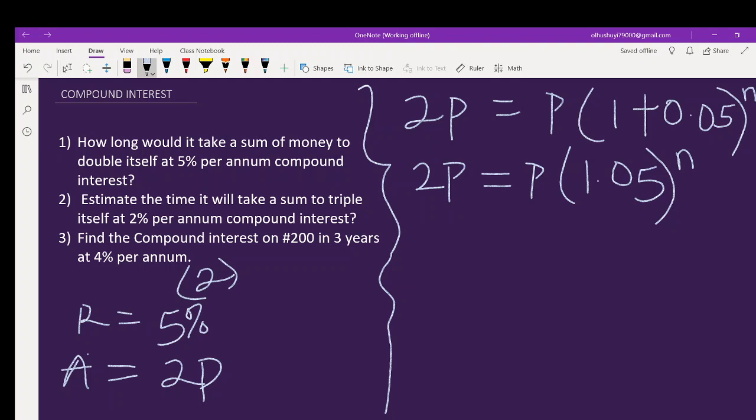Dividing both sides by p, you have 2 equals 1.05 raised to power of n.